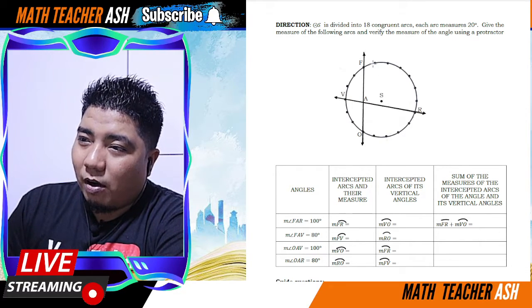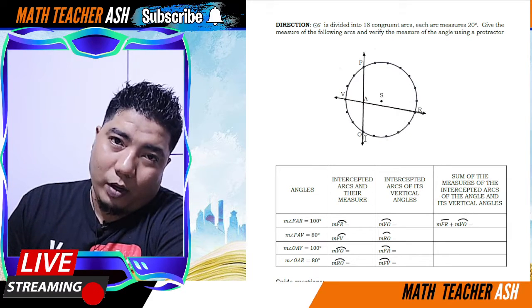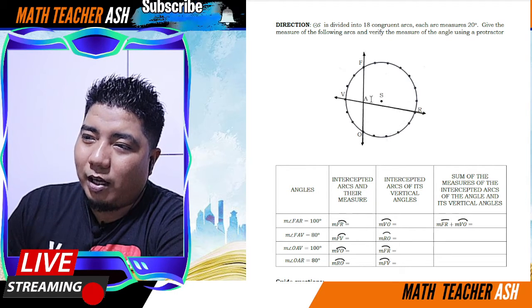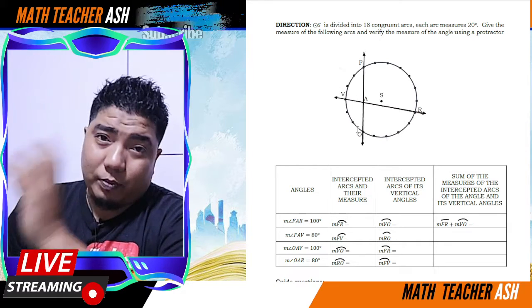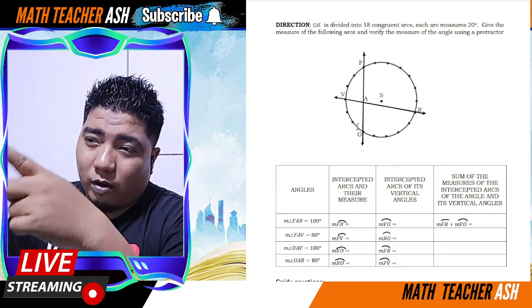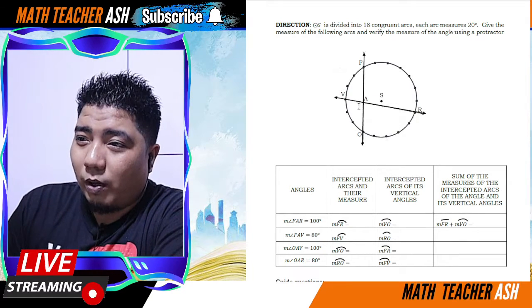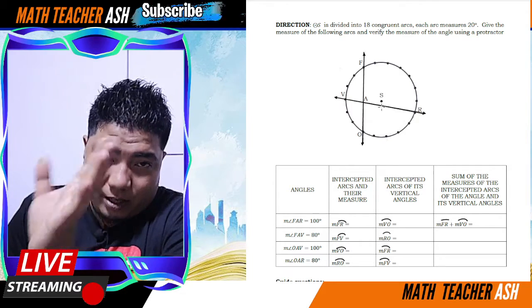So, the sum of this arc and this arc, that is 200. And dito naman, which is the given, 100 din. Of course, yung kalikod niya, VAO, that is a vertical angle to FAR. So, they are also congruent. So, 100 din ito. So, somehow, we can conclude somewhere here, later.